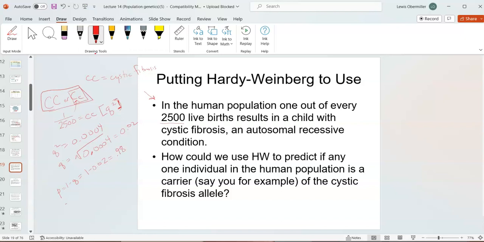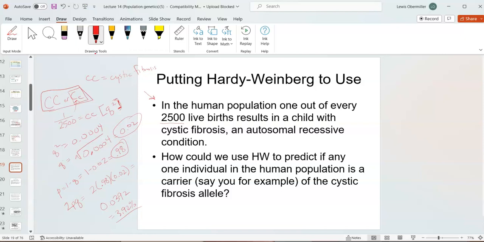So now we can tell the couple, okay, the probability that your 2PQ equals 2 times P, which is right here, times Q, which is right here, and that equals 0.0392 or 3.92%.